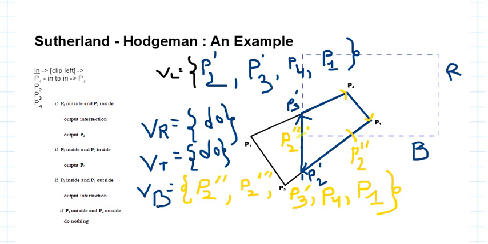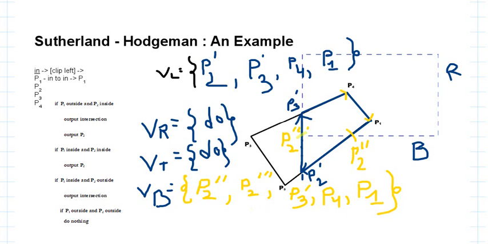So what you need to do is include point P1 into your resulting vertex set. Now you see, we have done the task of clipping with respect to all the four edges, and the last edge with respect to which we have done our clipping is the bottom edge, and these vertices define the final clipped polygon.